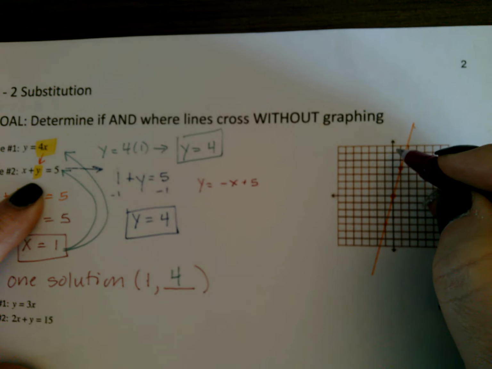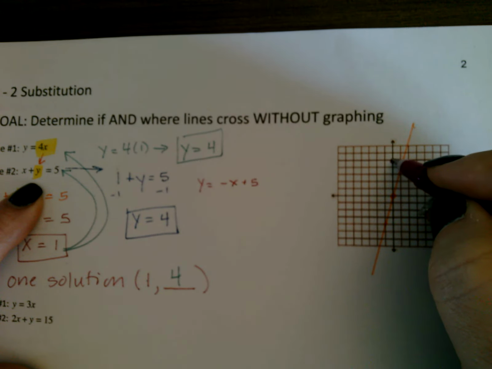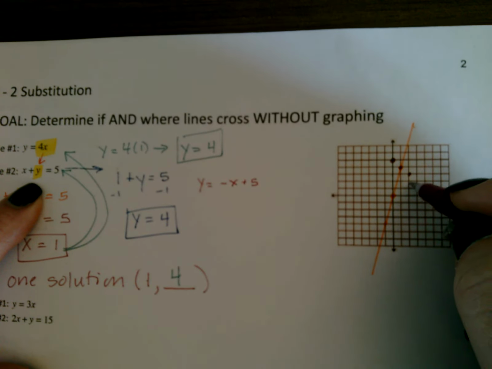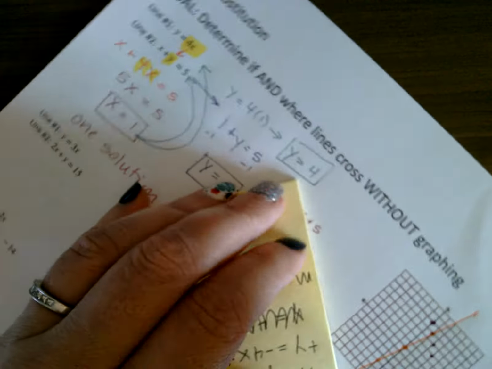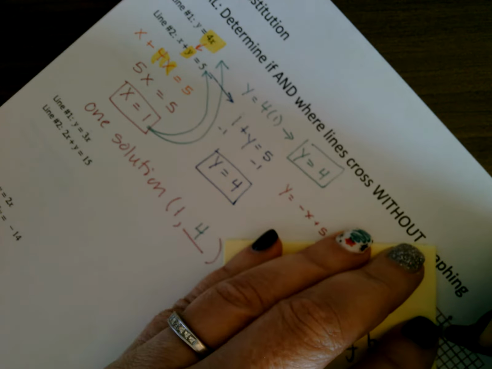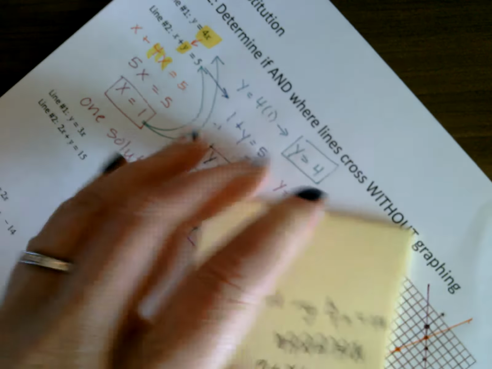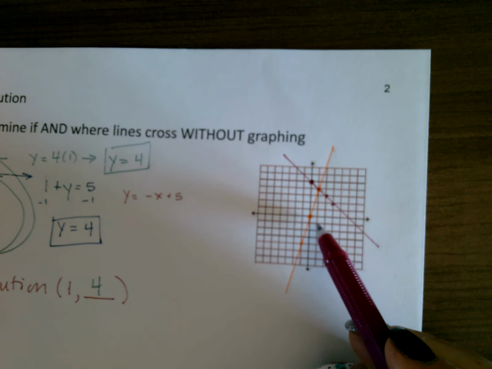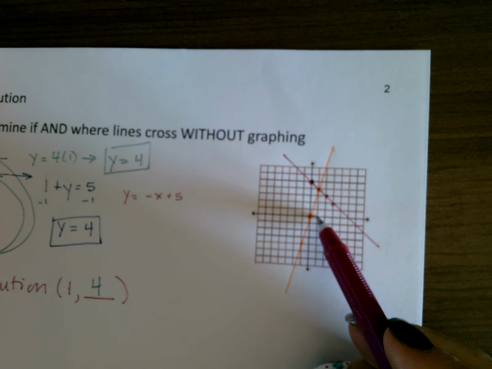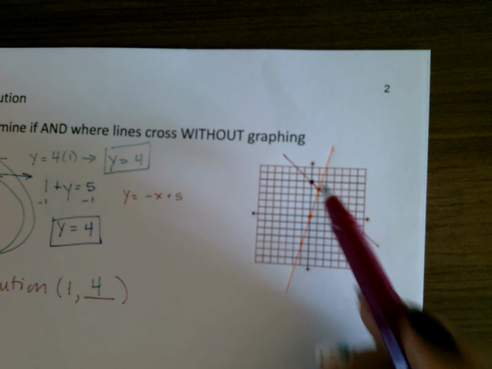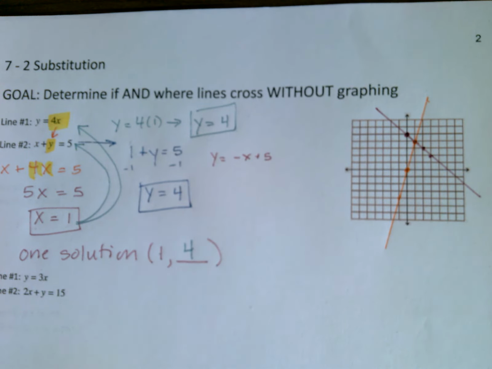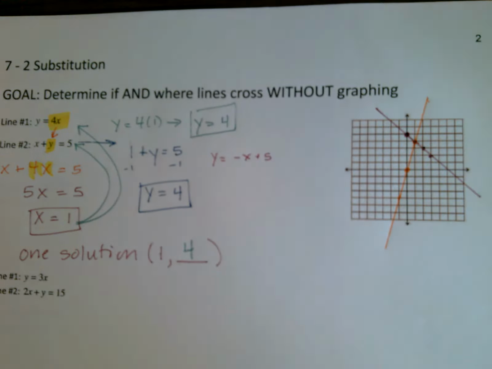So 1, 2, 3, 4, 5. Then I move down 1, right 1, down 1, right 1, using that same straight edge. I notice these two lines cross right here. That is the ordered pair 1, 4. So we solved this without graphing.